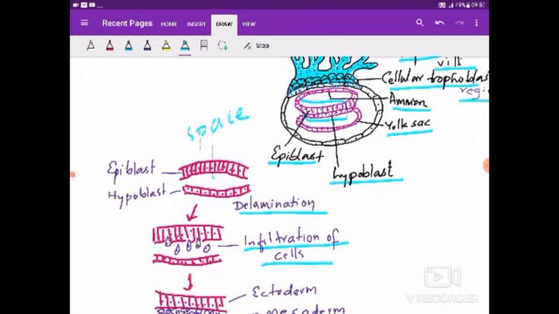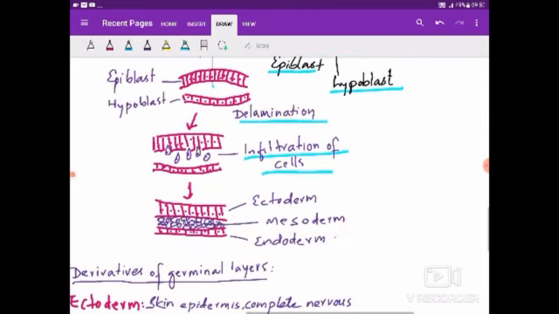Similarly, other cells invaginate into this space, and that's called invagination, going inside. Detailed studies are not there at this class 12 level, so just remember that the cells derived from the epiblast that come to lie in the space between the epiblast and hypoblast differentiate and form the mesoderm.